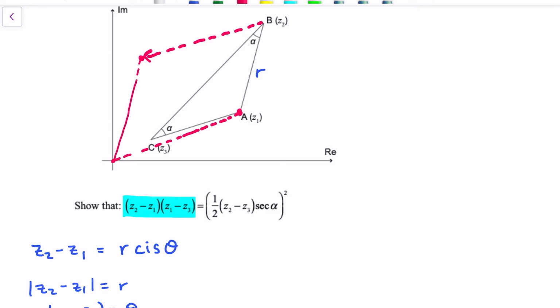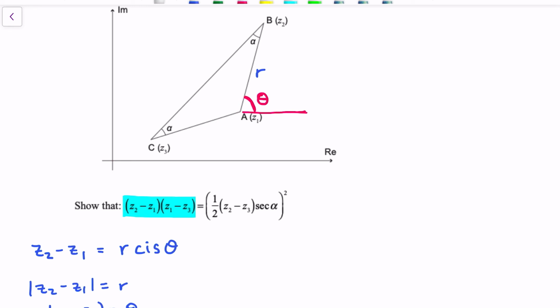and there's a parallelogram there, and this here would be z2 minus z1, this here would be the argument, and it turns out that that angle is the same as this angle. So that angle there is theta, where the line I've drawn is parallel to the real axis. So I just get rid of all this extra annotation that I don't need.